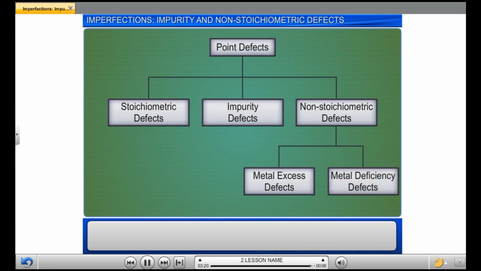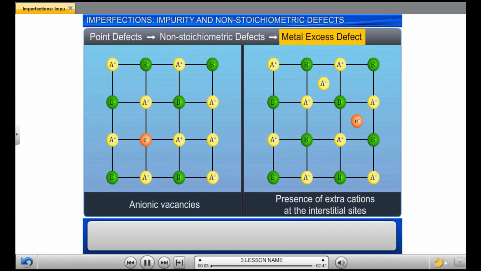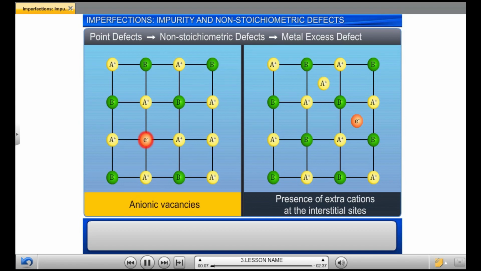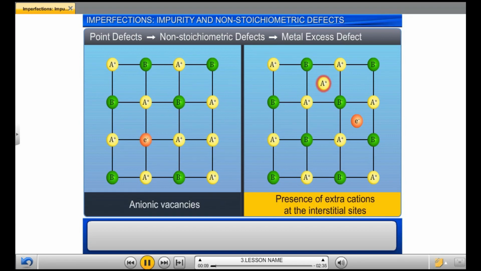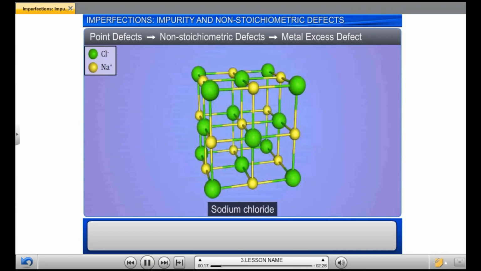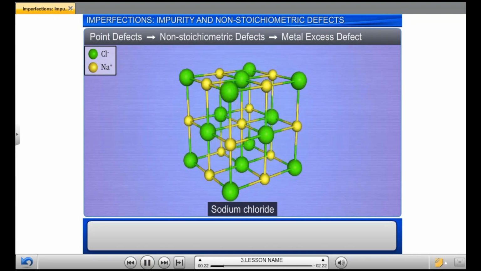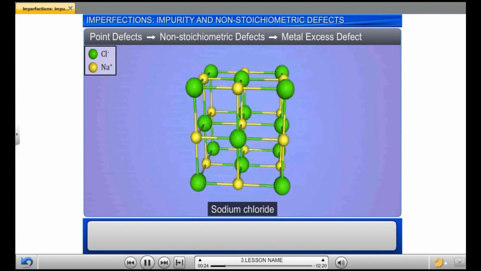Let's first discuss metal excess defects. A metal excess defect may arise in crystals due to anionic vacancies or the presence of extra cations at the interstitial sites. Metal excess defects that occur due to anionic vacancies can be illustrated by taking sodium chloride as an example.